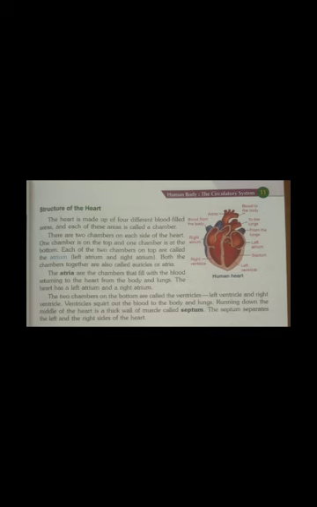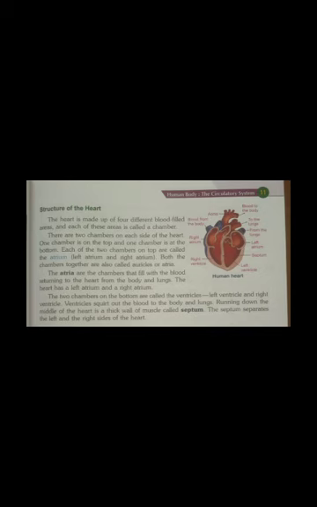Now, the atria are the chambers that fill with the blood returning to the heart from the body and lungs. Now, this is the whole circulation. This is the circulatory system. The heart pumps the blood from itself to other parts of the body, and it gets back the blood from the other parts to itself.